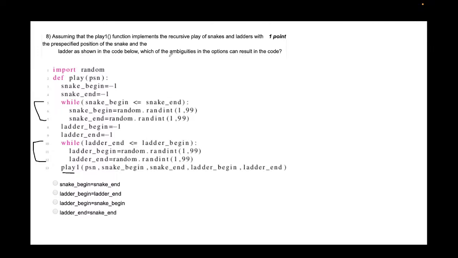So what could be the ambiguity over here according to the traditional rules of snakes and ladders? Without seeing the code also you can answer this one, just if you know the rules of traditional snakes and ladders.